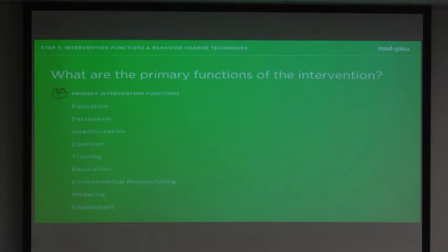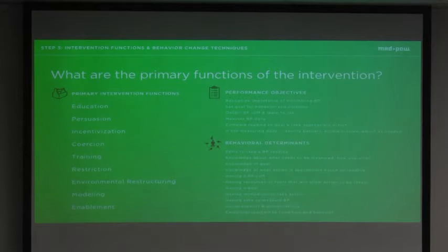So our intervention might be aiming to educate someone, or it might be aiming to persuade someone, or incentivize someone. And you can see the list. There actually is one more intervention function starting this year, which is need satisfaction. So this would be just like, what is our intervention trying to do? Like, kind of high level.